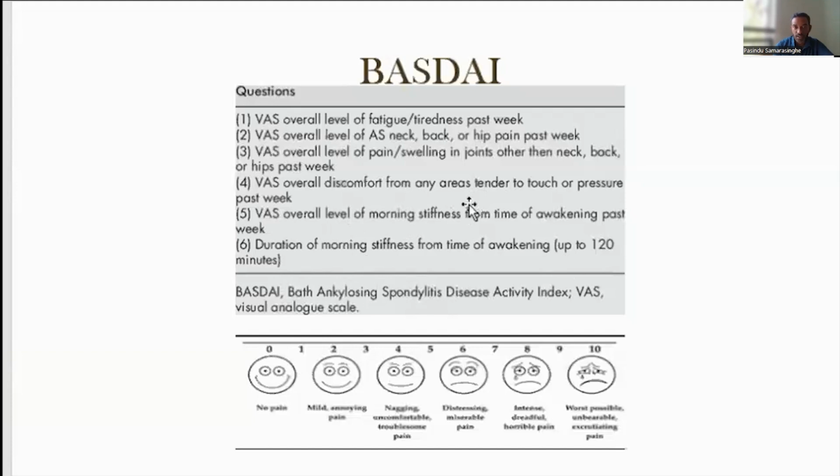So if it's less than 30 minutes, or 1 hour, or 1.5 hours, you have a score for that. So the BASDAI final score is important to detect the activity of the disease. If it is less than 4, the patient has controlled disease. If it is more than 4, that's active disease. So it's a very useful clinical disease activity index which helps us to monitor the disease progression.